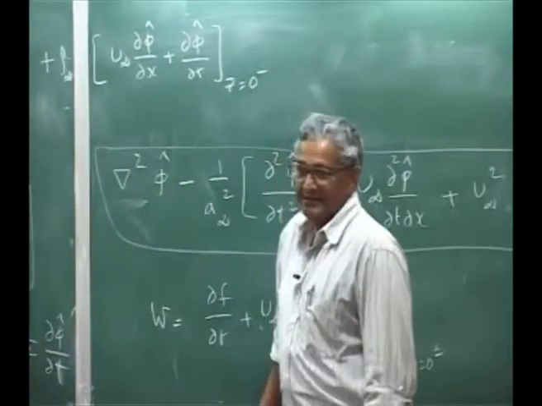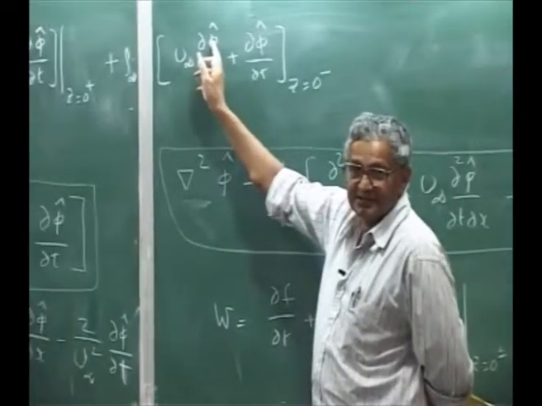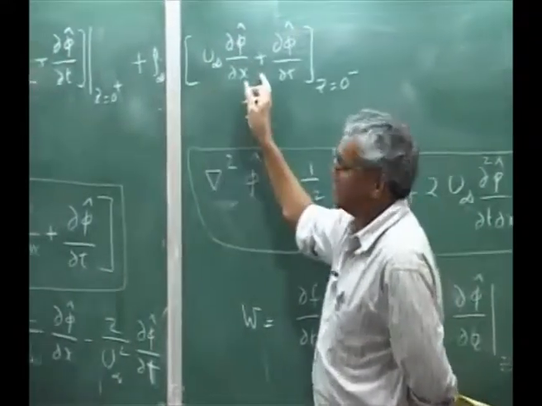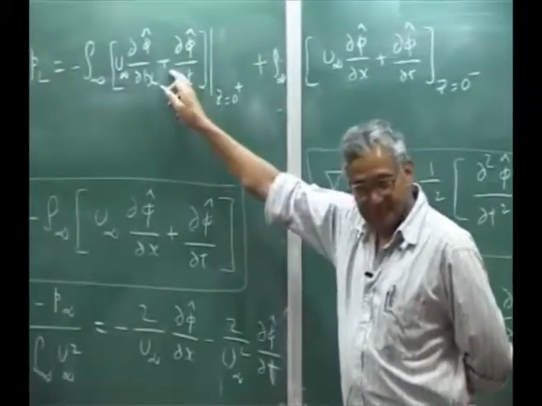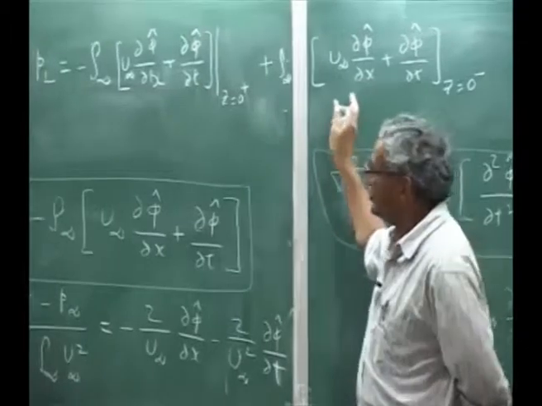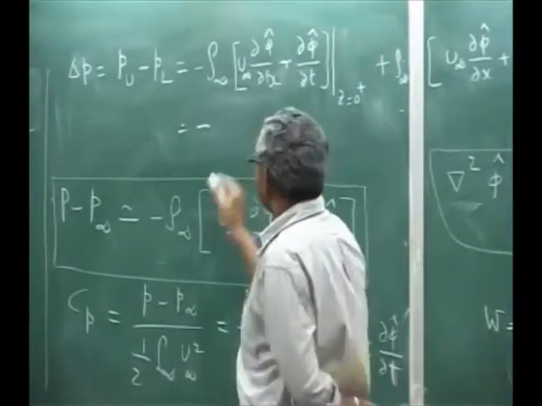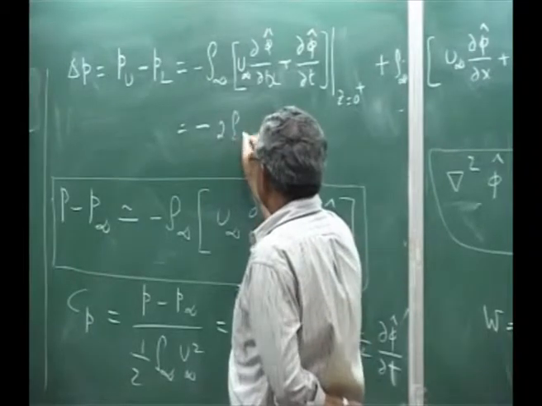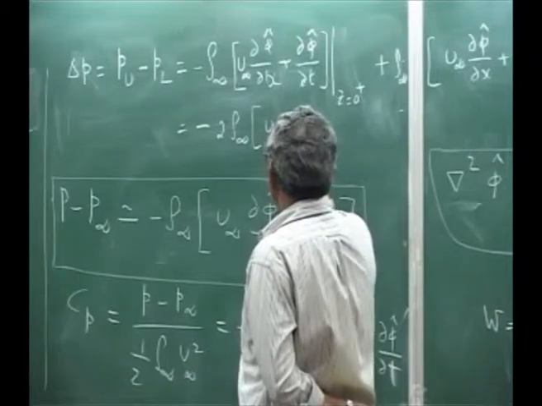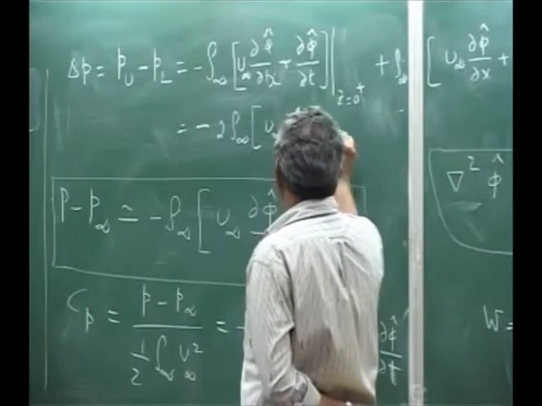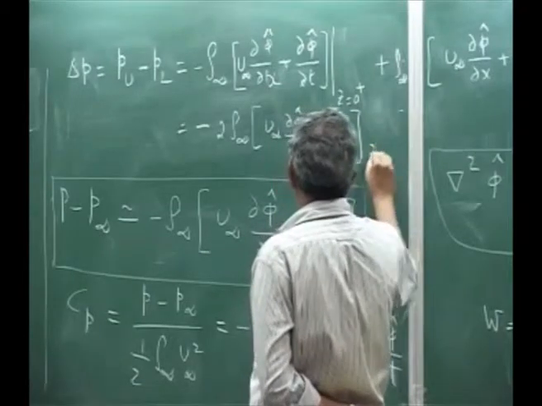If phi is anti-symmetric, then what will happen? This term will become minus. On the top surface, phi, this will become minus. So your net term will become minus 2 rho infinity U infinity delta phi hat over delta X, delta T, Z equal to 0 plus.